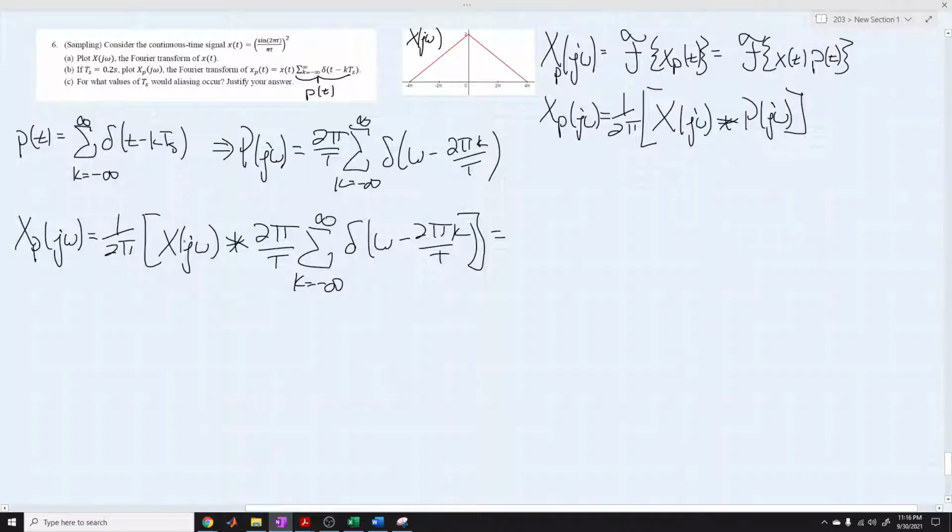And we have a constant coefficient right here, so we can bring that up front. We'll have 1 over 2 pi times 2 pi over t, so we end up with 1 over t. And we have x of j omega convolved with an infinite train of delta functions.